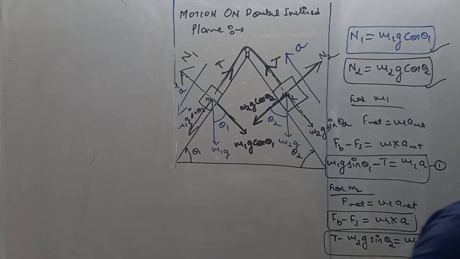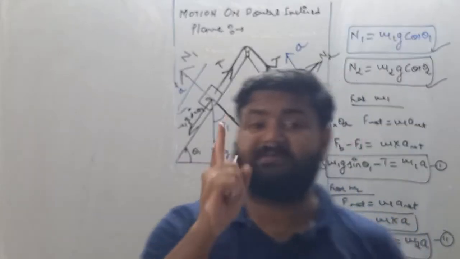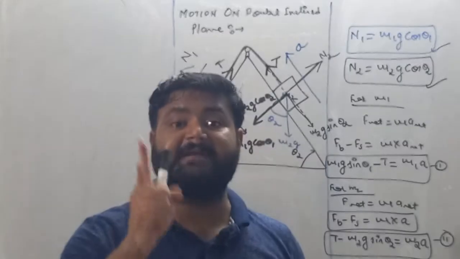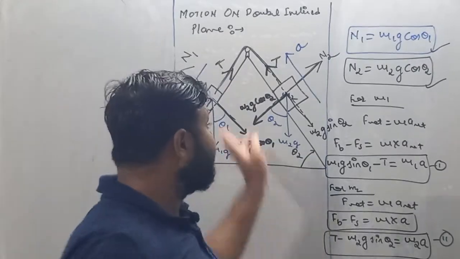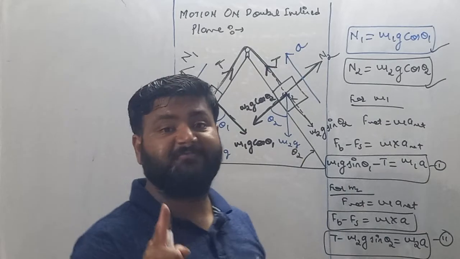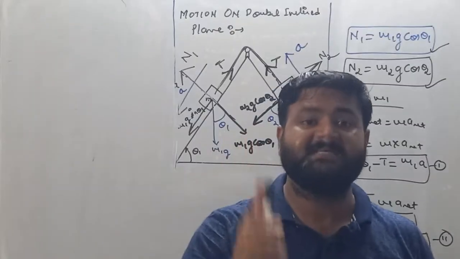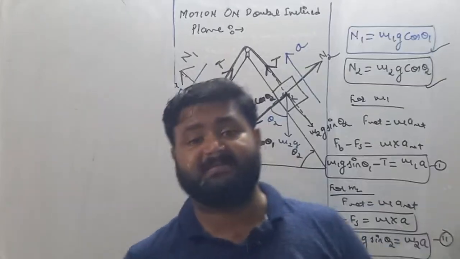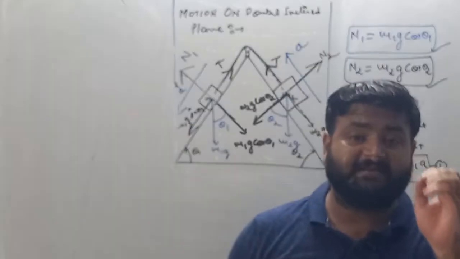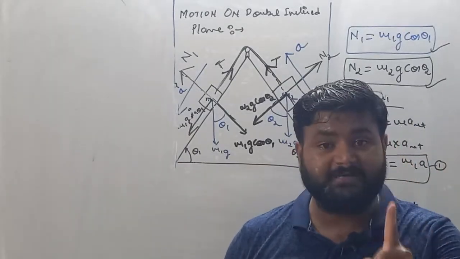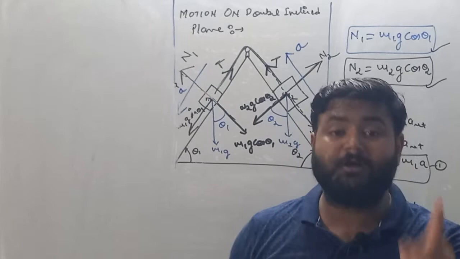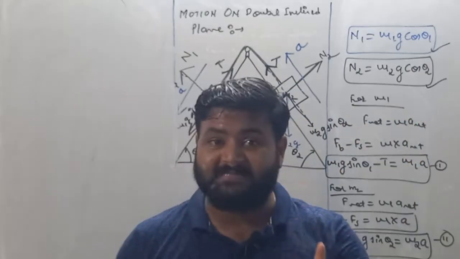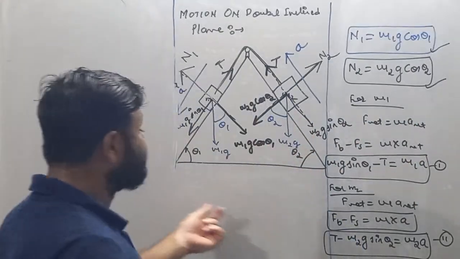So my dear student, always be aware of this. Never try to judge on a double inclined plane on behalf of mass, because the direction of acceleration, or we can say the direction of motion, does not only depend on mass, it depends on m sine theta.